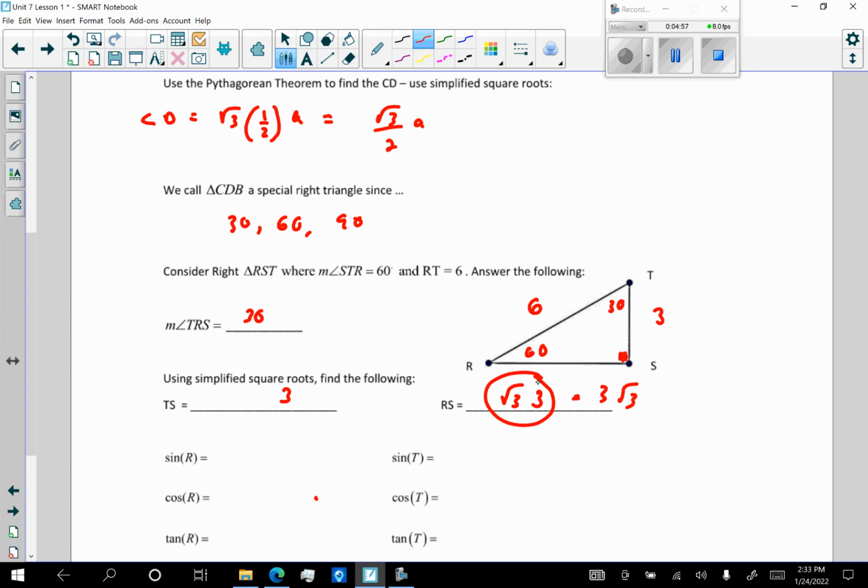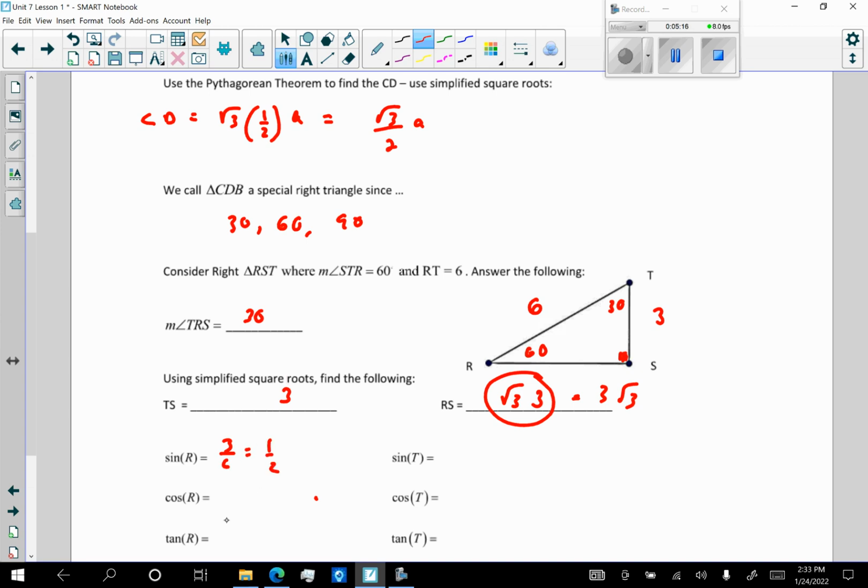Now we're simply going to use the definitions of trigonometric ratios, and we're going to find the sine of R. The sine of R is the opposite over hypotenuse. Here we have 3 over 6, which is 1/2.